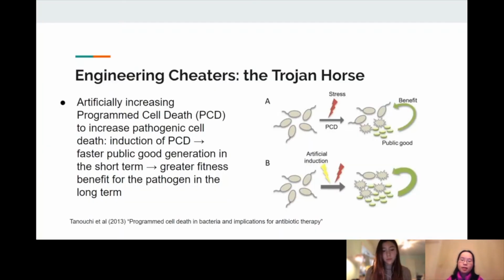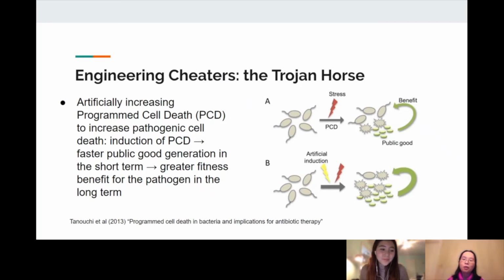So in this example, we're going to take a look at the idea of engineering cheaters, a Trojan horse. The Trojan horse is a popular analogy for a lot of different situations, and it's about pretending somebody is your ally and then destroying the enemy from within.